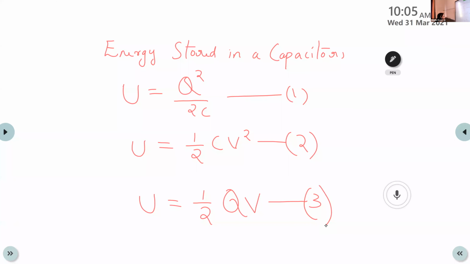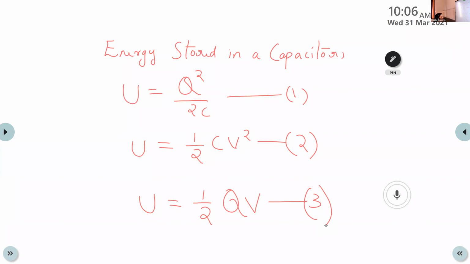So there are three equations to calculate the energy stored in a capacitor. Earlier we wrote W is equal to, right? That work done is stored in the form of energy.